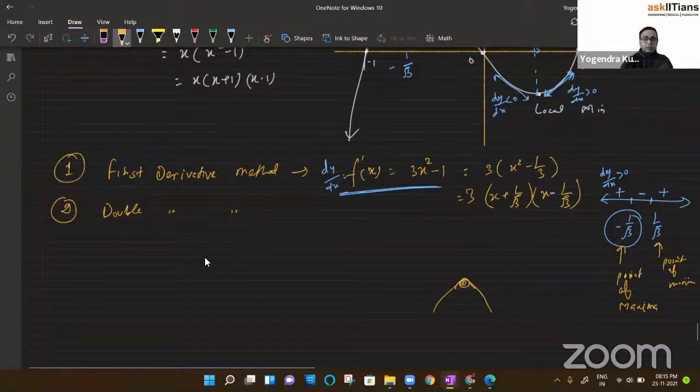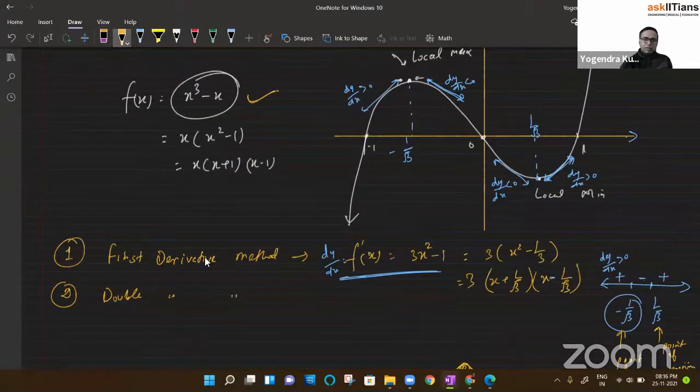Suppose they ask for absolute maxima and absolute minima for this type of question. We'll find the local maxima and local minima, then figure out the values at those points, and see whether it is never ending, or if they give some interval, let's say minus 5 to plus 5, we only need to check in this interval. What is the maximum value and minimum value?